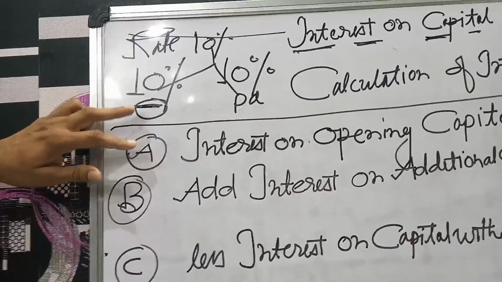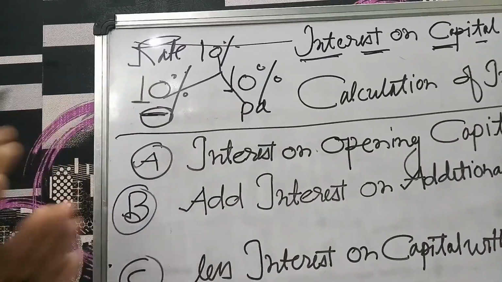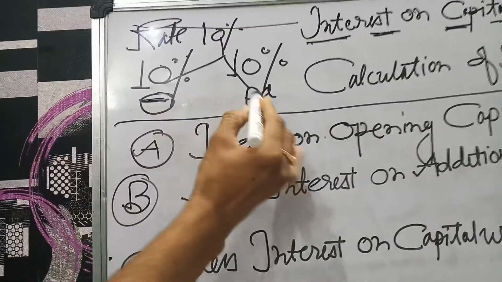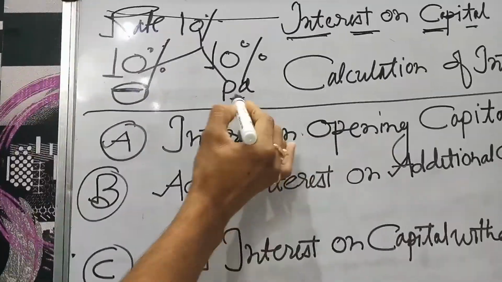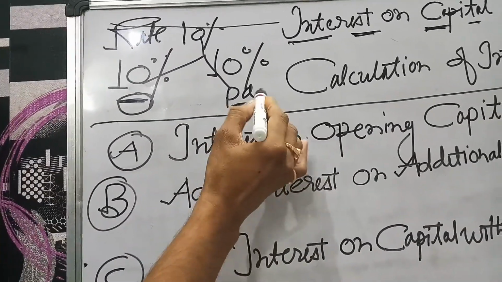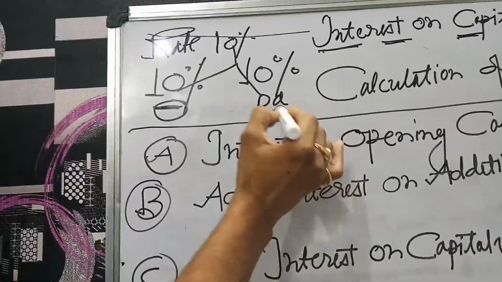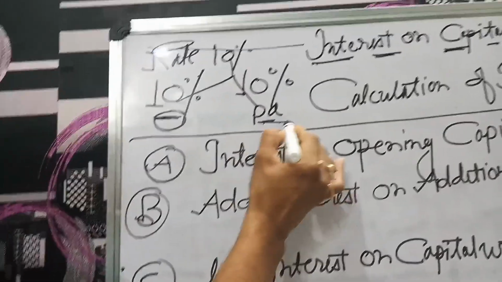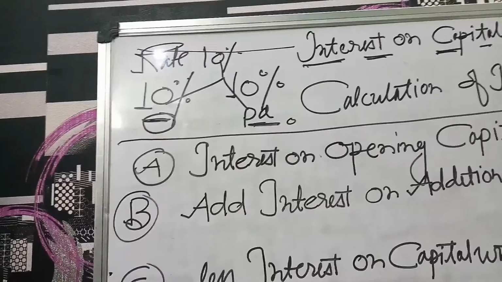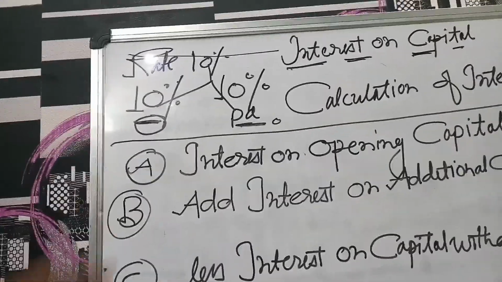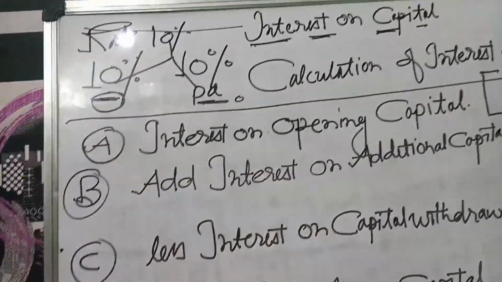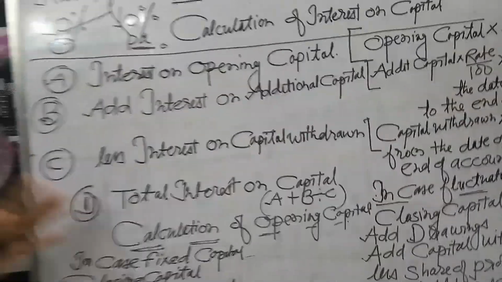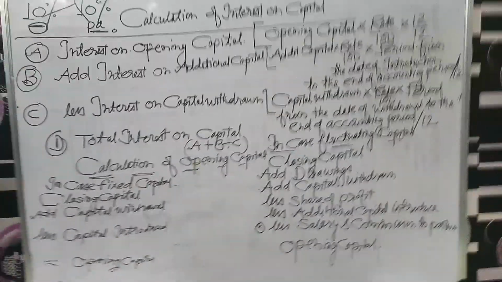We have to give the interest for the full year to the partner. In case the words per annum are there, we have to calculate interest on capital on the basis of the time factor.